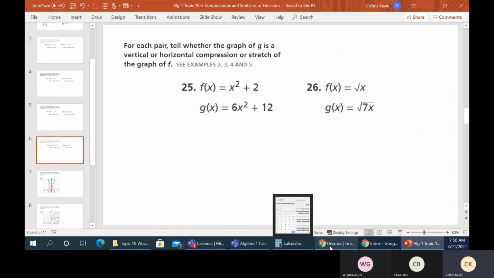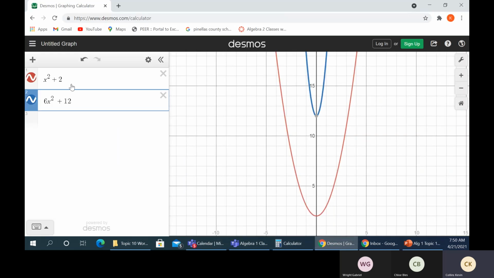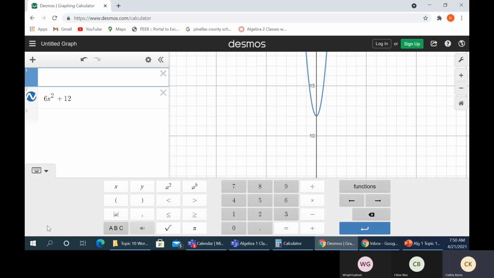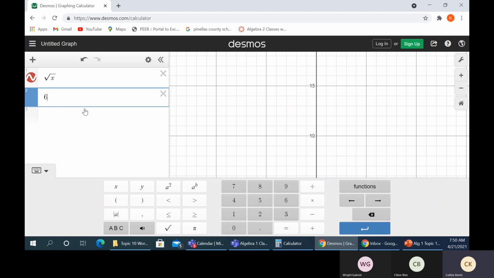All right, so let's go back to Desmos. All right, so we've got one is just the square root of x. So there's that guy. And then this guy here, square root of 7x.